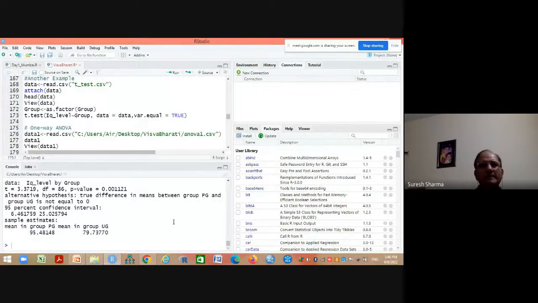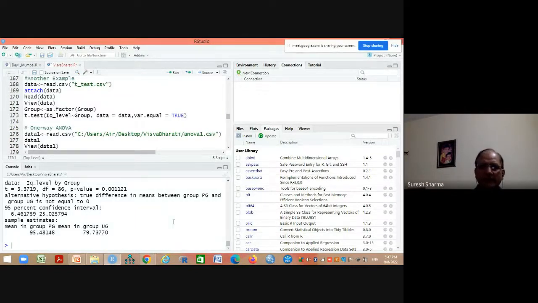So let's say the mean parameter for CBSE is mu1, for ICSE is mu2, for state board is mu3. And I frame the hypothesis: H0, mu1 is equal to mu2 is equal to mu3. That means the performance of all the boards is the same.